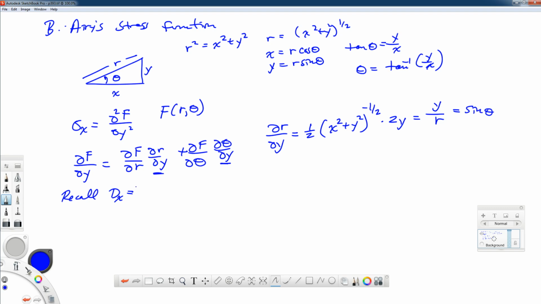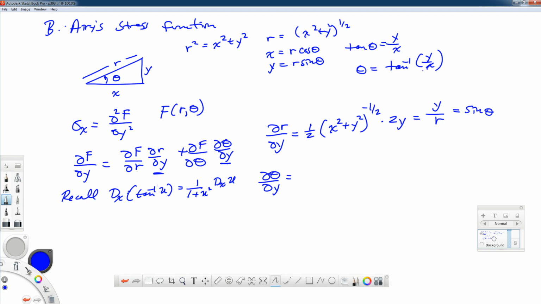The derivative of the inverse tangent of some function is equal to 1 over 1 plus that argument squared, times the derivative of that argument. So the partial of theta with respect to y, we have an expression for theta.